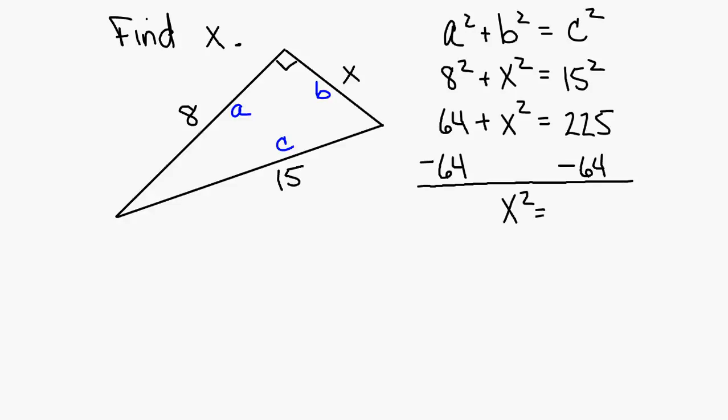X squared equals 225 minus 64 is 161. And then in order to get the x by itself, you would have to find the square root of each side, because the square root of x squared is equal to x. And that 161 is still sitting in your calculator, so you can push the square root button. And if we round to the nearest tenth, that's 12.7.